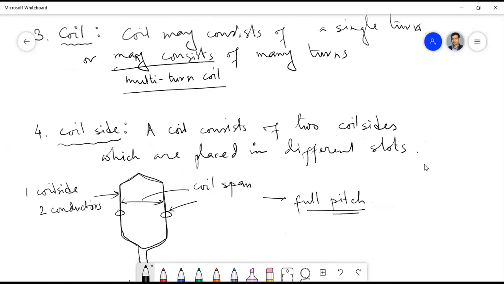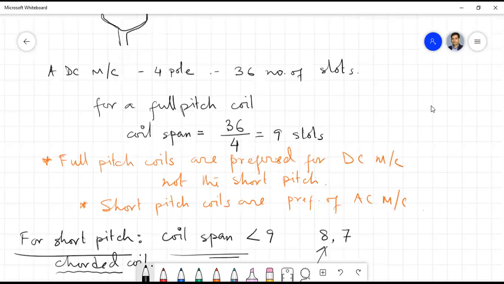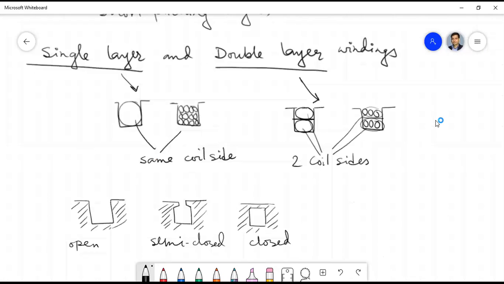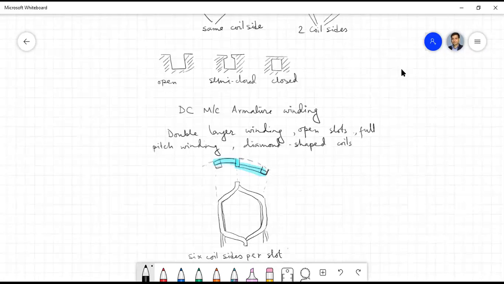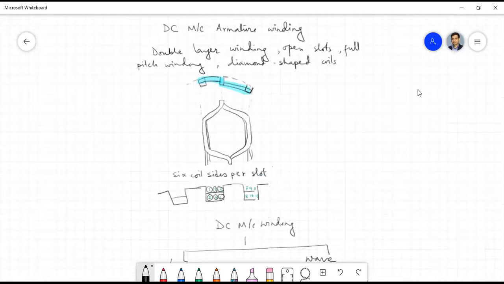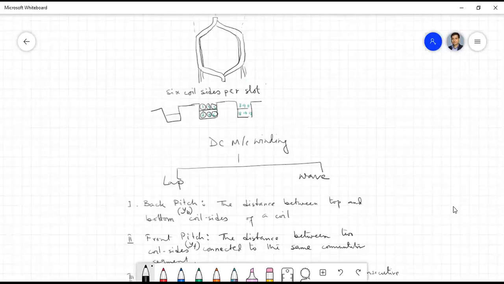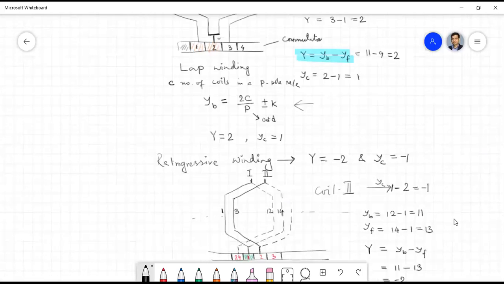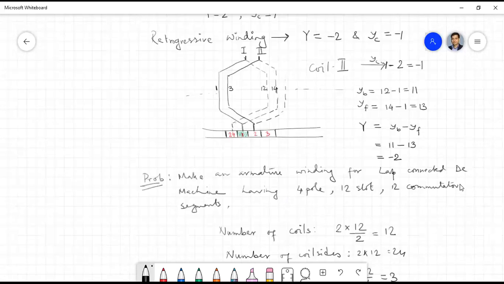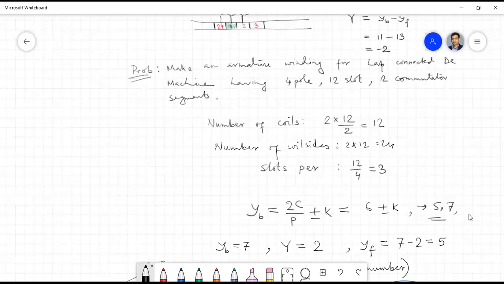Okay, so I will start the discussion of commutation from this particular drawing that you have drawn for lap or wave winding. So you see, when actually the armature coils are rotating, isn't it? Like this figure.